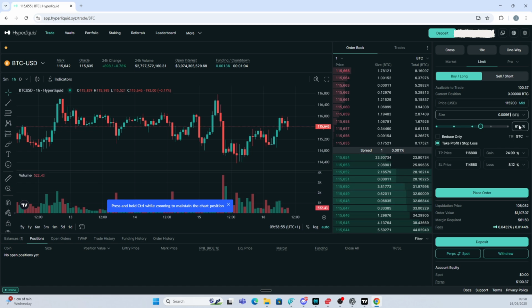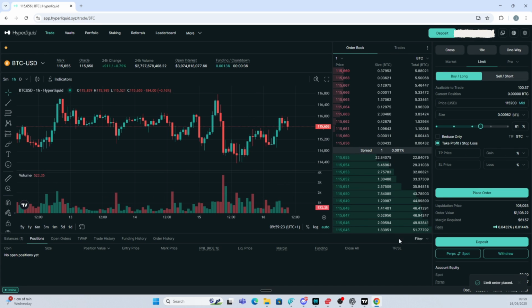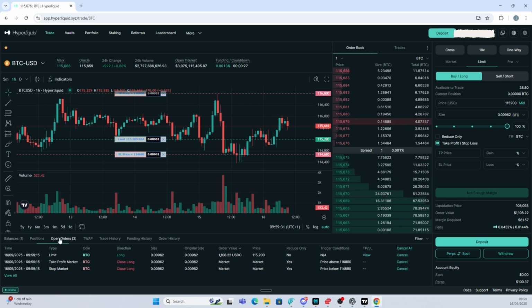We will go over to Block Pro and we will calculate our contract size. So we can see 0.00962 Bitcoin is what we need, and we will confirm our long order. And now we wait to see if we get ticked in.